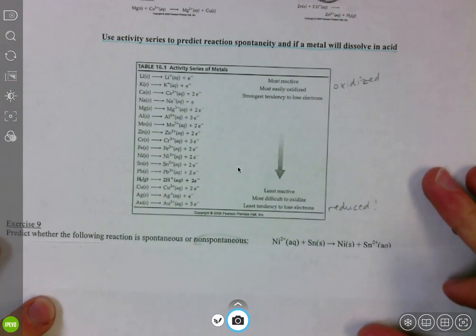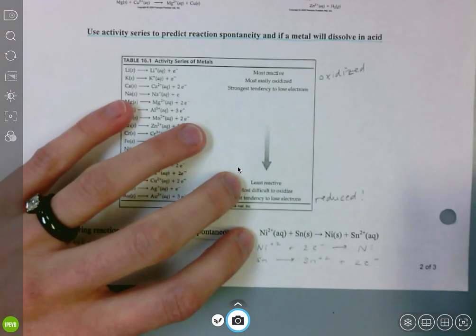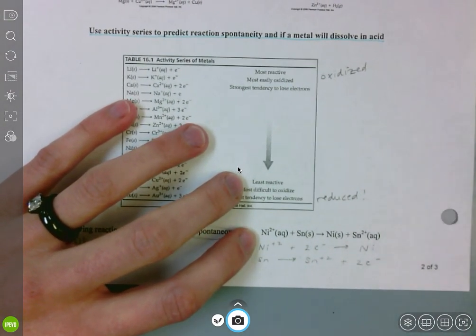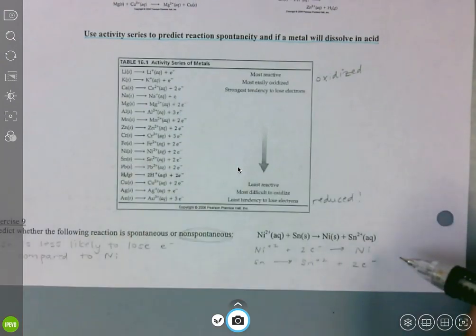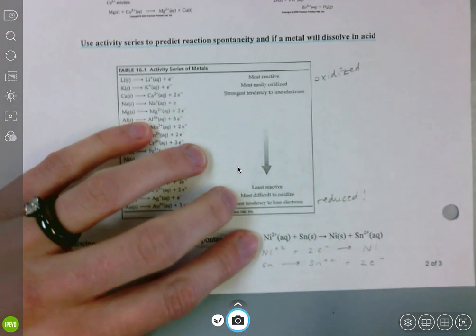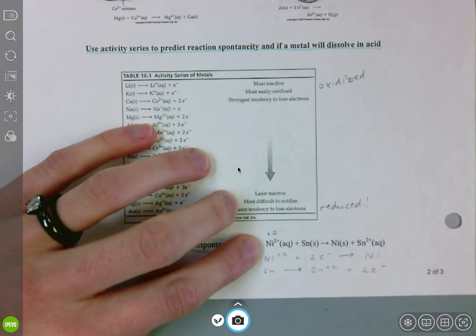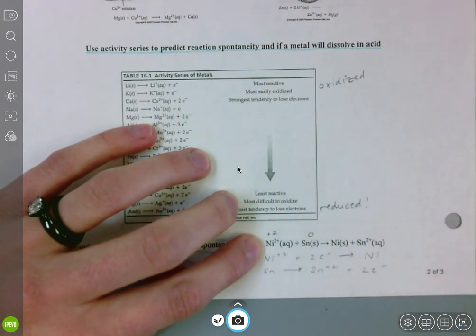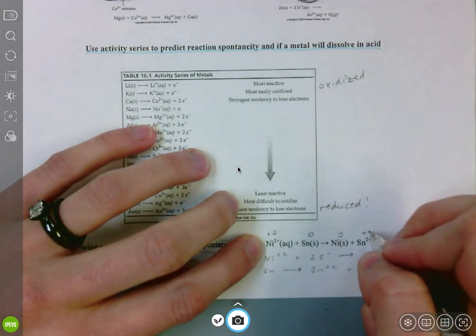Okay, predict whether the following reaction is spontaneous or non-spontaneous. So let's look at the specific reactions. Here I have the half reactions written down, but you can also do what we were doing earlier. So nickel here, its oxidation number is a +2, tin's is 0, nickel over here is 0, and then tin here is a +2.